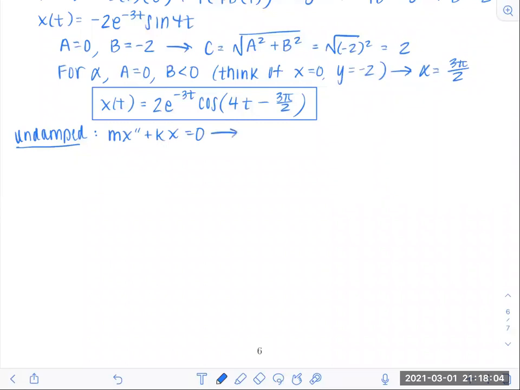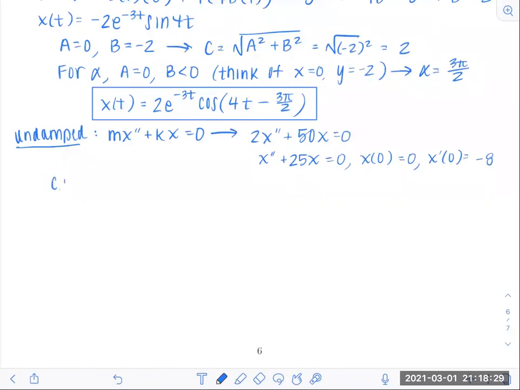So we had m equals 2, and we had k equals 50. So if we divide through by 2, x double prime plus 25x equals 0, with the initial conditions x of 0 equals 0 and x prime of 0 equals -8.